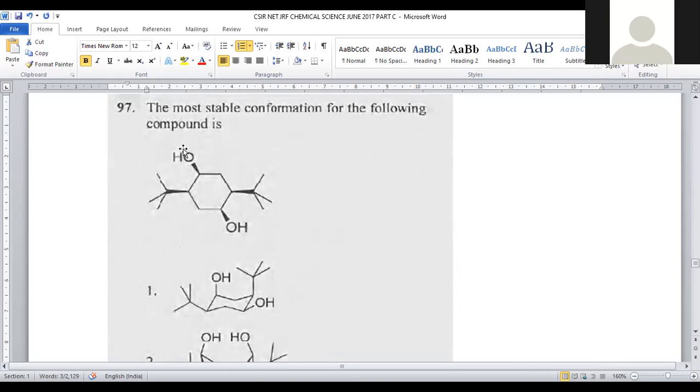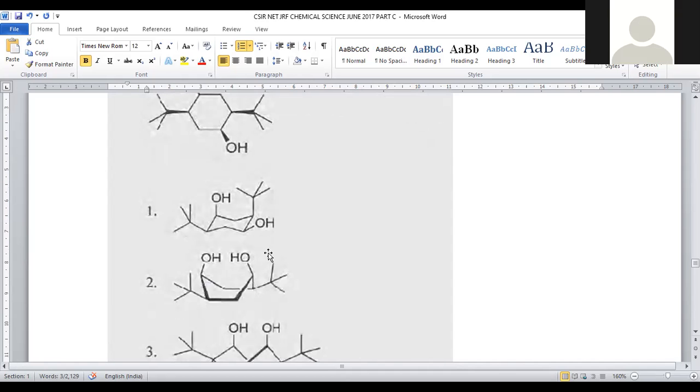Two are hydroxy functional groups. The remaining two are tertiary butyl groups. These tertiary butyl groups are highly bulky, so they should be arranged in a manner where repulsions get minimized, and the two hydroxy groups should be arranged in a position that facilitates hydrogen bonding between them.